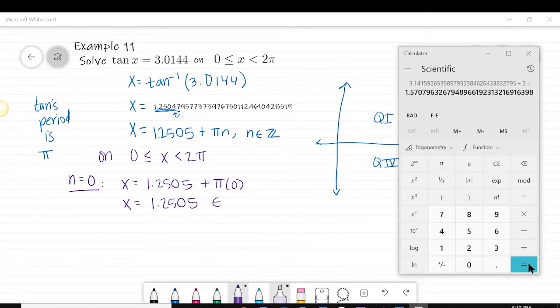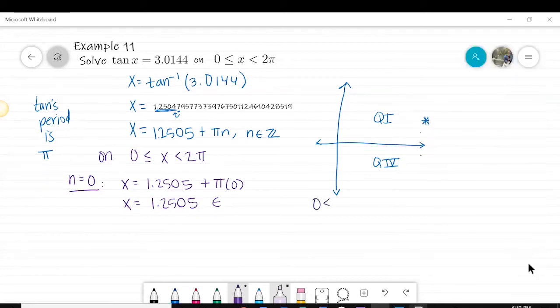So this definitely is between 0, 1.2505, and 1.57, which puts this in quadrant 1. Okay, so that was a value that lives somewhere over here, maybe a little higher up here, right? It's a little closer to that 1.57 than it is to 0, okay? So this would be that first angle that we're looking at.